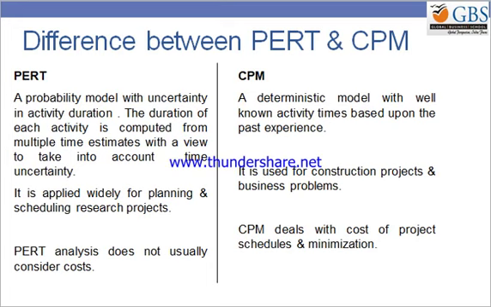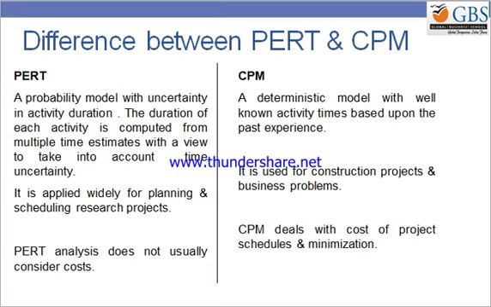CPM, the critical path method, is a deterministic model, which is most of the time based on past experience. It is used where construction projects and business projects come into the picture. Whereas PERT is used where I'm not going to talk about cost, but I compute the duration, with a probabilistic account of it, and apply that for the planning and scheduling of a research project.